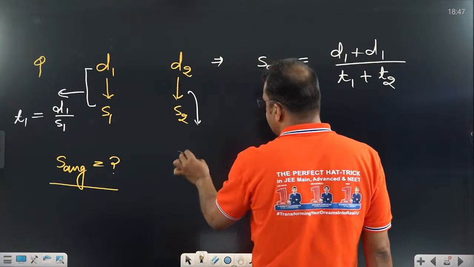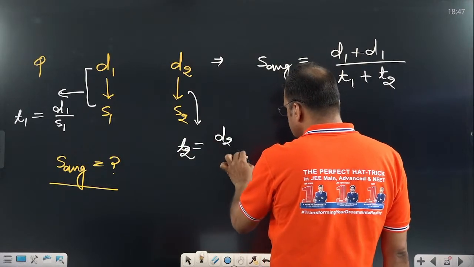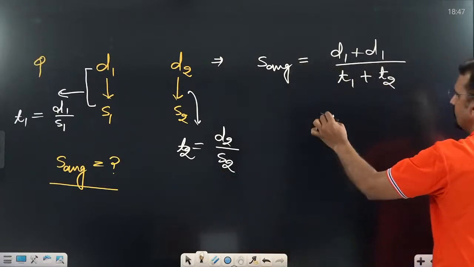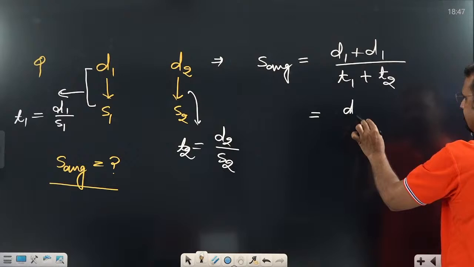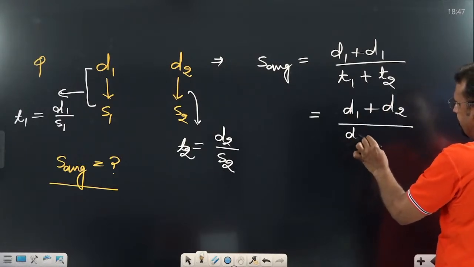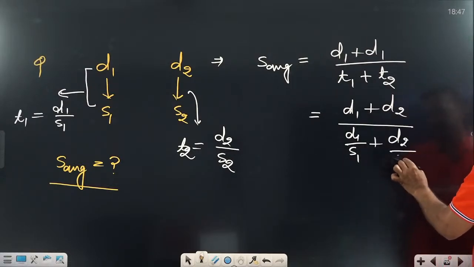Can we calculate time t2 similarly? That is equal to d2 divided by s2. I think you are getting this point. Now put these values. The numerator is d1 plus d2, and this is divided by d1 by s1 plus d2 by s2.